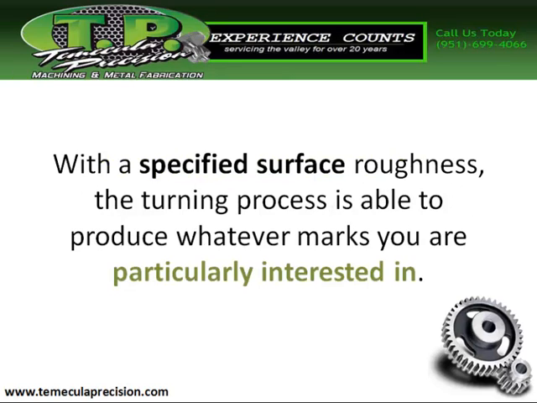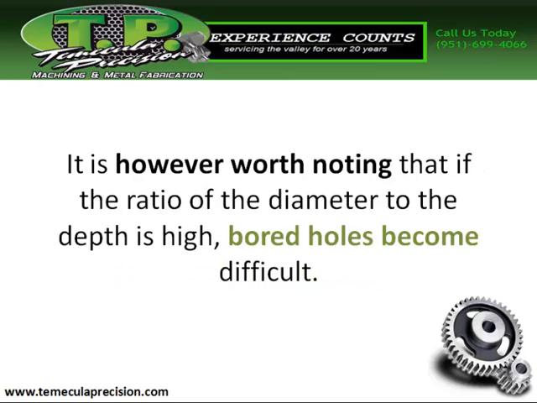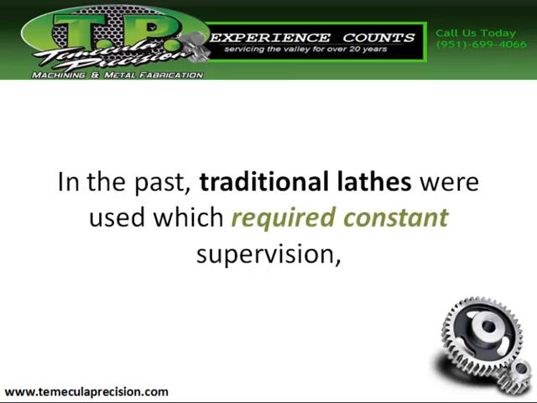With a specified surface roughness, the turning process is able to produce whatever marks you are particularly interested in. It is, however, worth noting that when the ratio of the diameter to the depth is high, bored holes become difficult.